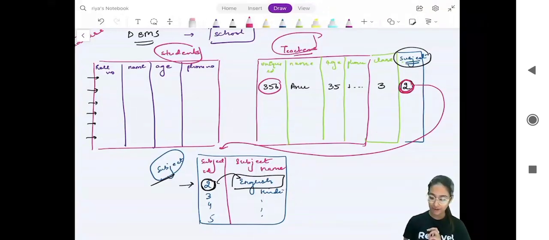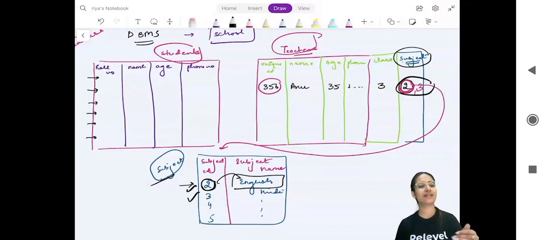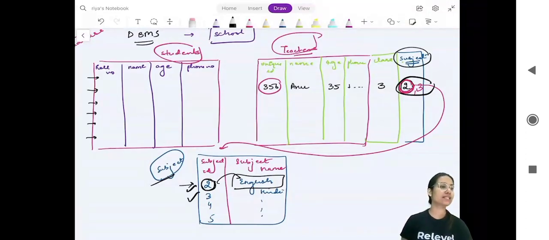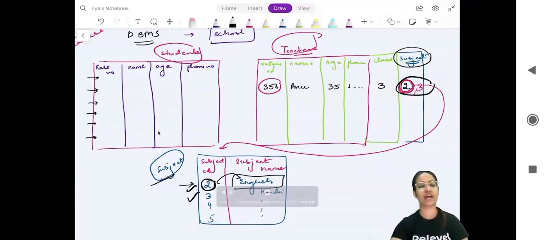If I'm storing 2 and 3, that means the teacher teaches English as well as Hindi. That's how we use the information, and that's how we draw meaningful relationships with the information that we have.